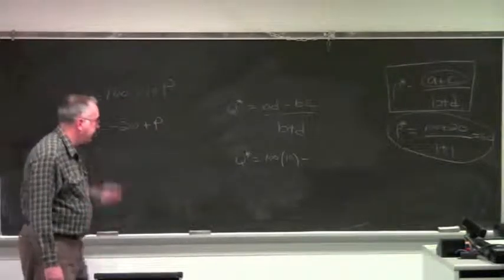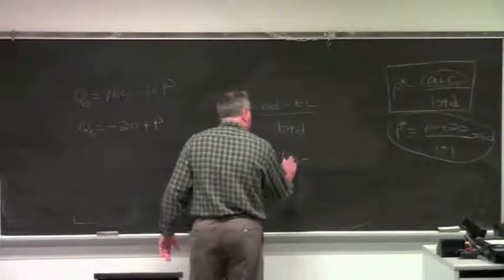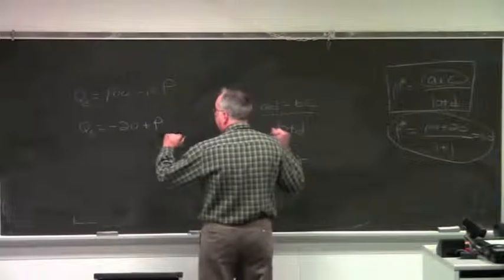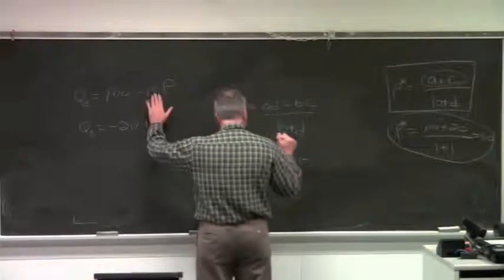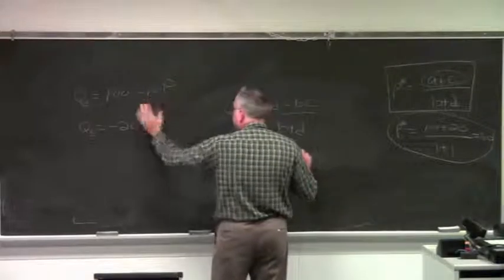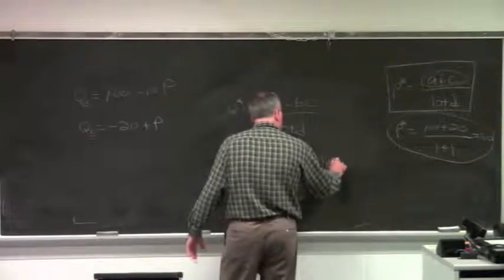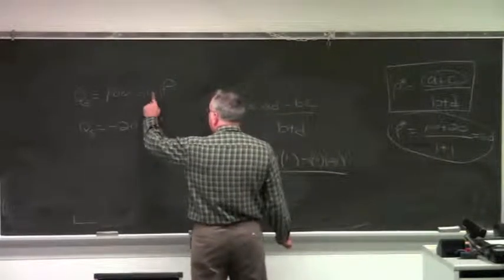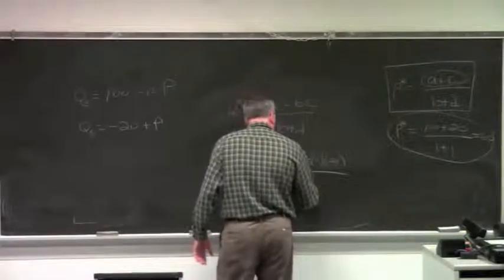D is 1. Yes, thank you. Absolutely right. Minus, now, here our BC is 10 times C, which is 20. Now, what is B plus D here? 10 plus 1 is 11.